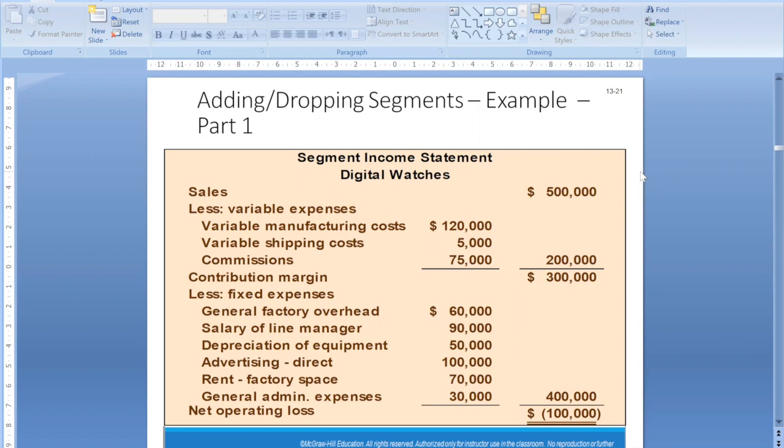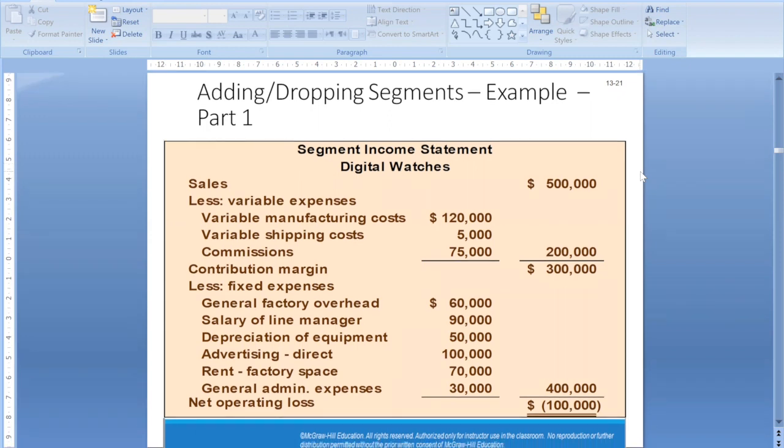The total fixed expenses are $400,000, and we have a net operating loss for this segment of $100,000. So we are losing $100,000 from this segment. That's why the management thinks about stopping or discontinuing this line or segment.